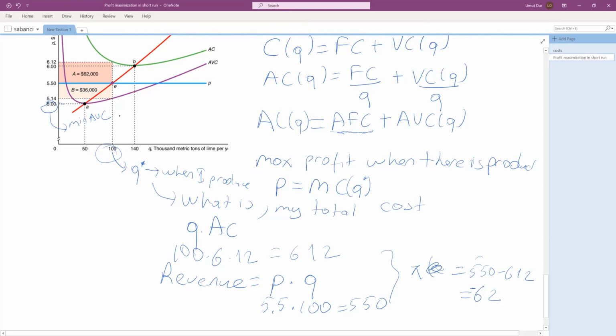Then, since the price level, which is 5.5, is greater than the minimum of average variable cost, which means that every product is getting me some money. But the reason why I have this amount of loss is because I have some fixed cost here.